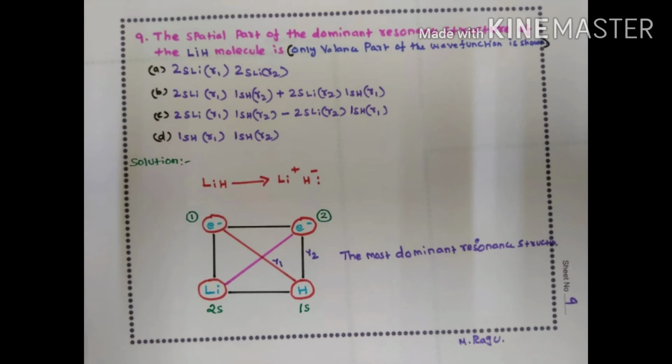So R1 and R2, R means the distance, the radius. The dominant resonance structure is only the hydrogen molecule, R1 and R2, the most dominant resonance structure. So the answer is option D, 1sH R1, 1sH R2.